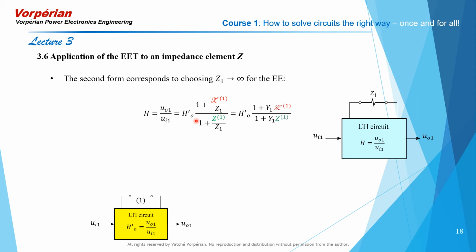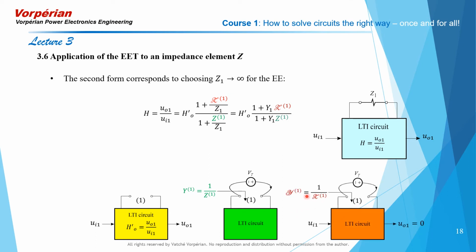When we do that, we take the element Z1 out of the picture by taking its value infinity, and we get this block here in which we compute the transfer function output 1 over input 1 with Z1 taken as infinity. The remaining two computations, where you determine the admittance looking into port 1 with the excitation set equal to 0 and the admittance looking into port 1 with the response null, is identically the same as before.